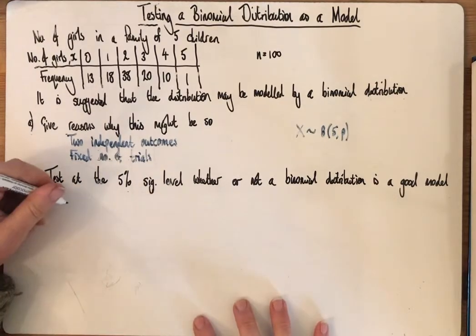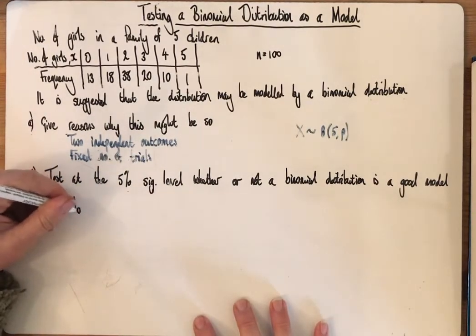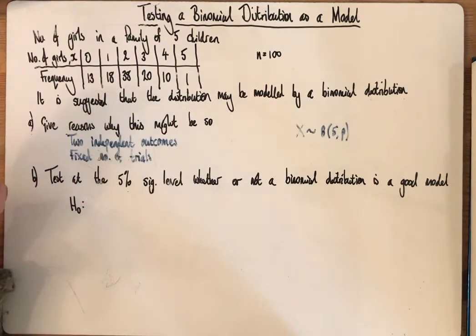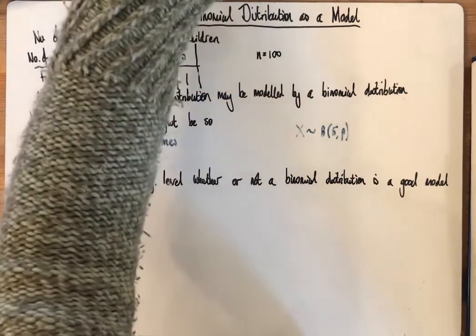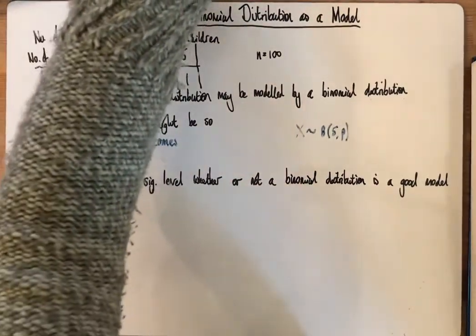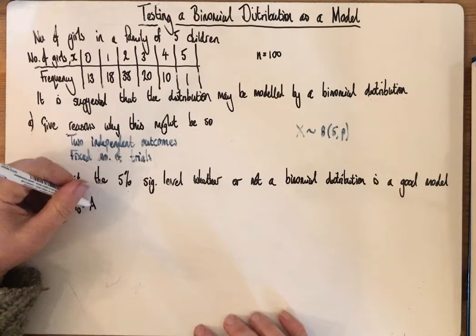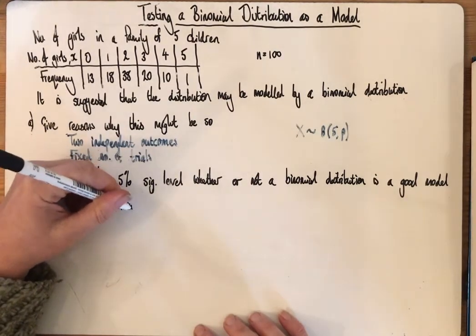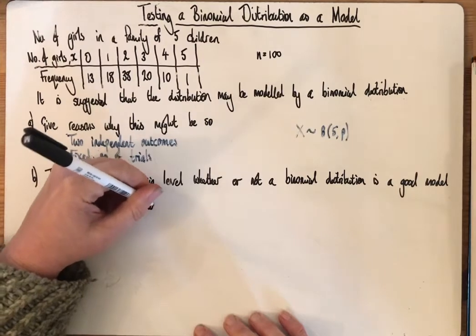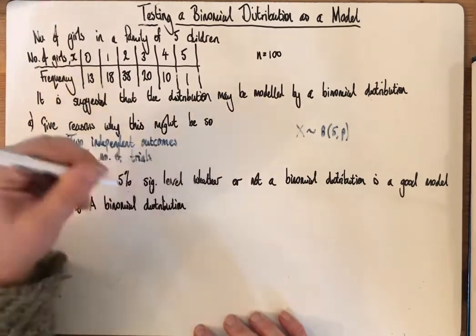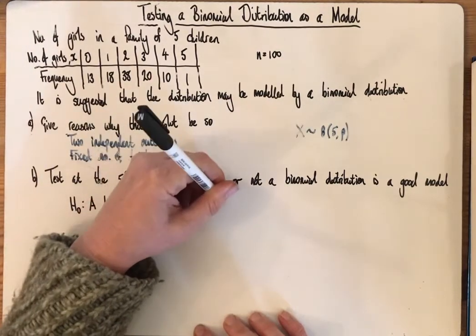So the null hypothesis is that it's a good fit. So the binomial distribution is a good model. So a binomial distribution is a suitable model.